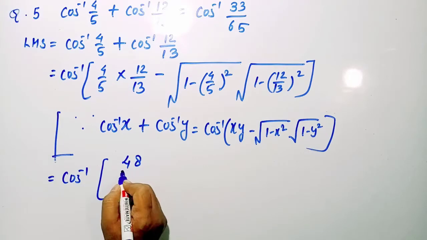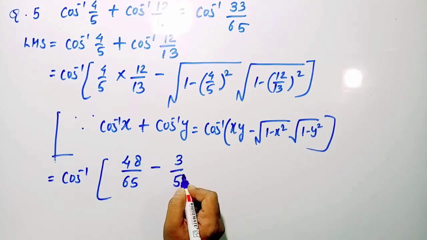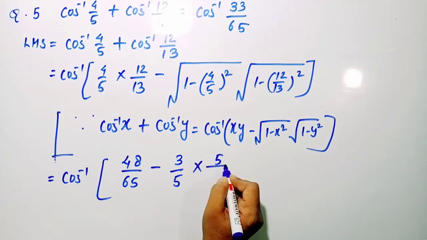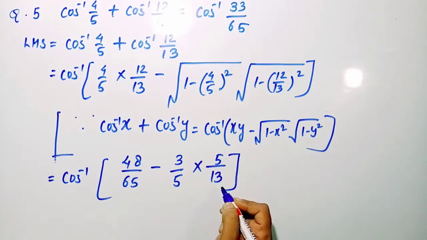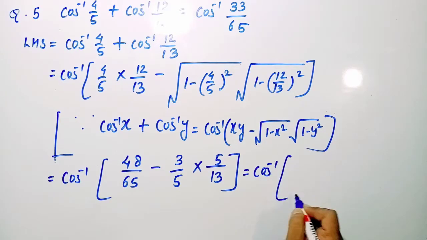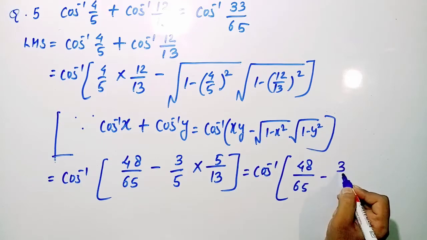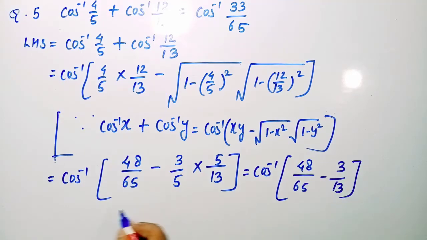So multiplying over here, we are getting 48 by 65 minus, simplifying the first term in the root and the second term in the root, we are getting 3 by 5 into 5 by 13. So cos inverse 48 by 65 minus 3 by 13, right? 5 will be cancelled out. Now cos inverse is equal to what, student?